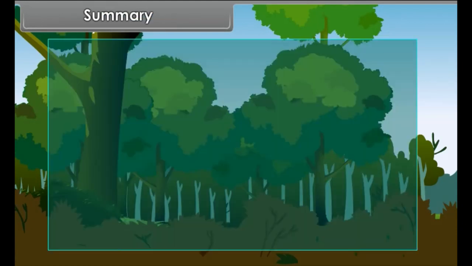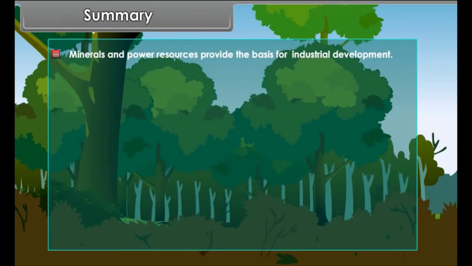Summary. Minerals and power resources provide the basis for industrial development. Minerals are of two types, metallic and non-metallic.